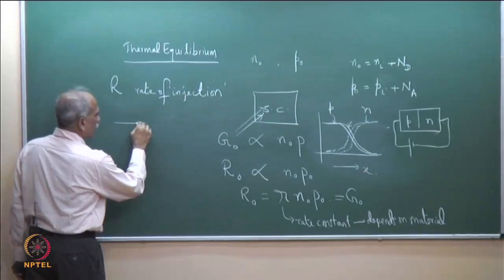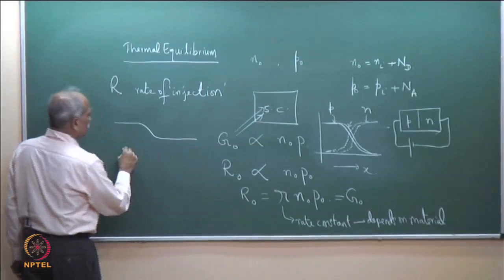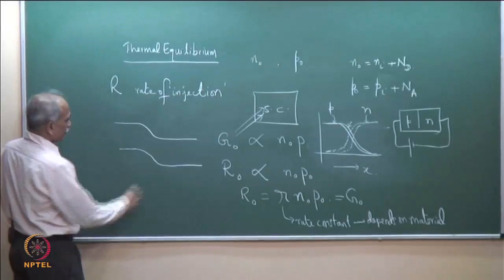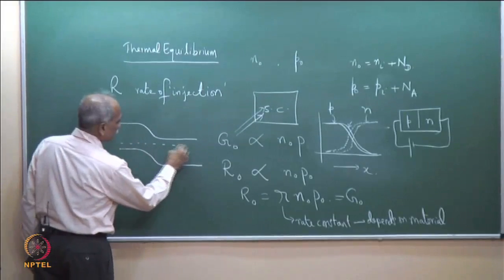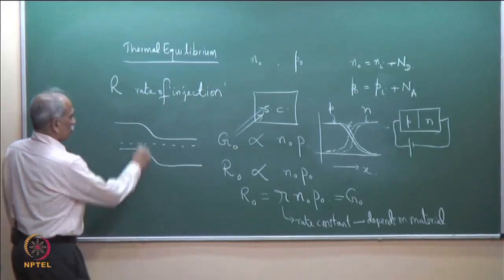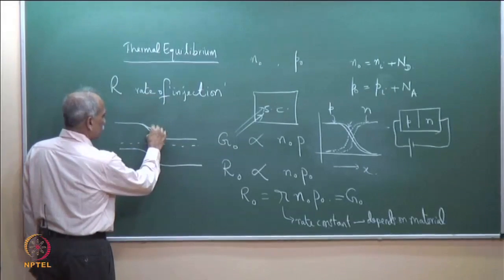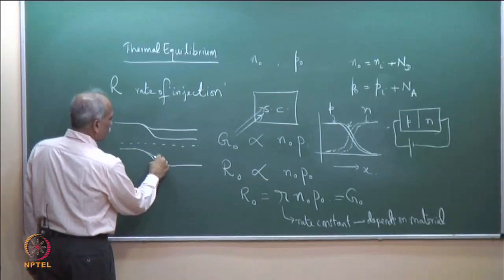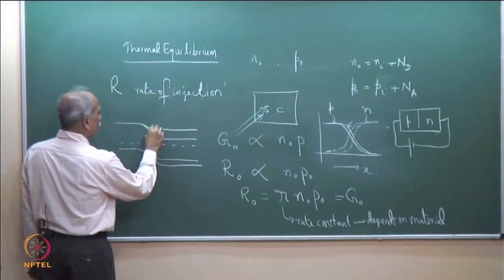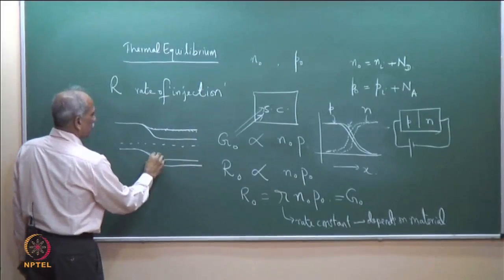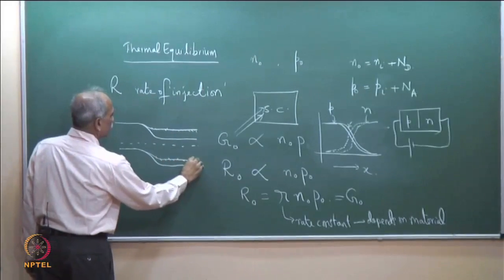So, if you look at the junction region, you recall again from the various pictures, whichever picture is convenient to you. So, this is the energy band diagram of the p-n structure before forward biasing. Once you forward bias, this raises up, this also comes up. So, let me differentiate this part to show that this is the forward biased region.